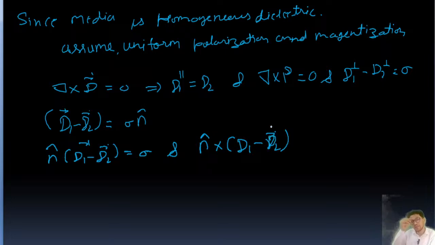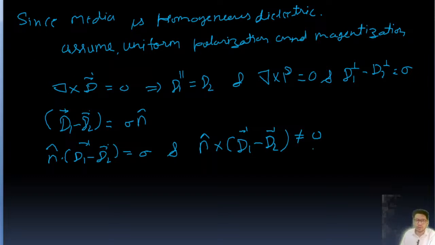And this implies we can write n cap cross d1 minus d2, this is dot, okay, and similarly we can write n cap cross d1 minus d2 will not be equal to 0, right? This cannot be 0, right?